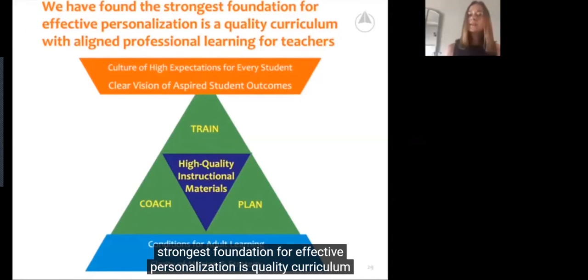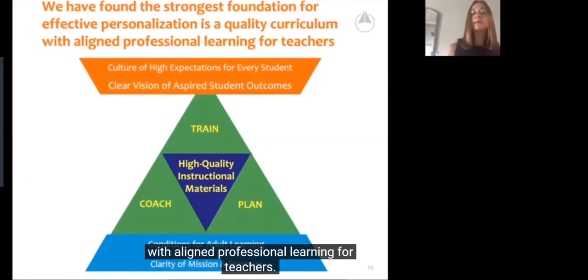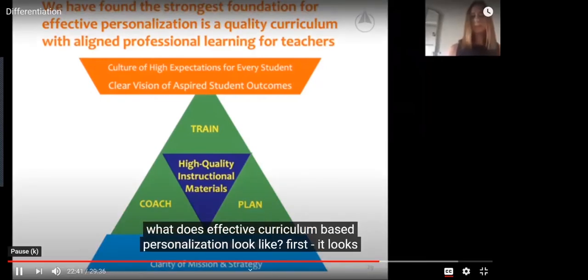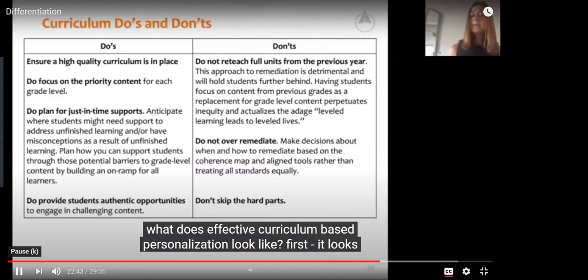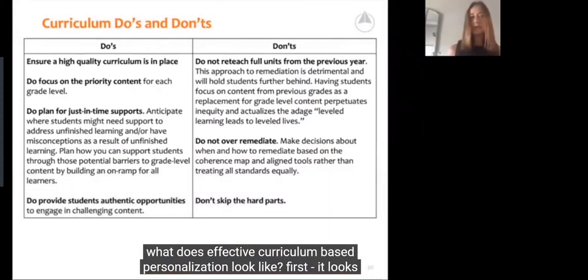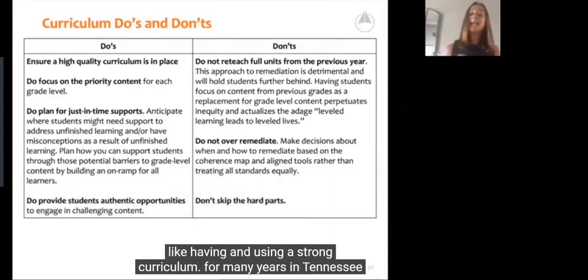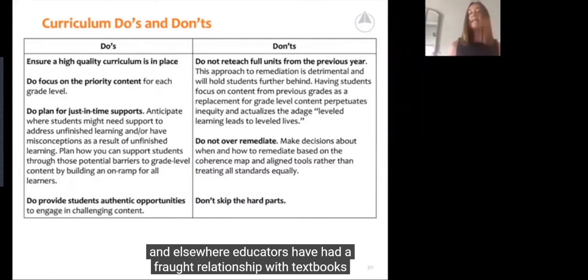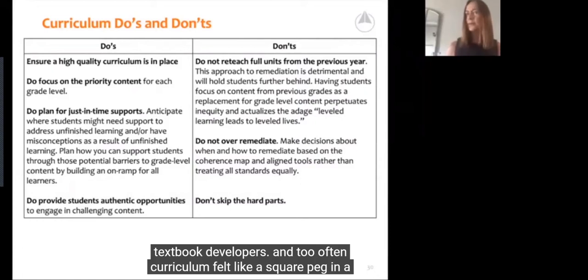The strongest foundation for effective personalization is quality curriculum with aligned professional learning for teachers. So what does effective curriculum-based personalization look like? First, it looks like having and using a strong curriculum. For many years in Tennessee and elsewhere, educators have had a fraught relationship with textbook developers, and too often curriculum felt like a square peg and a round hole.